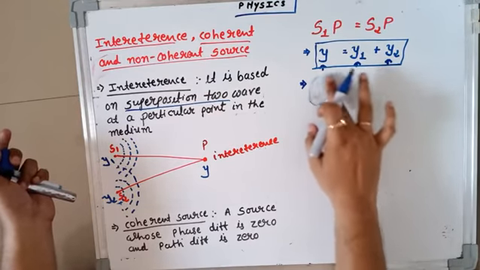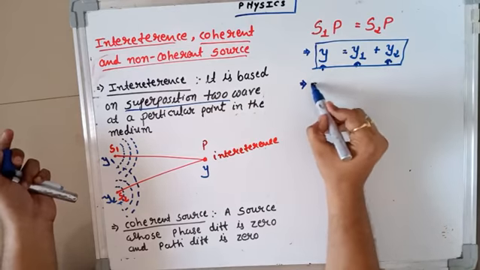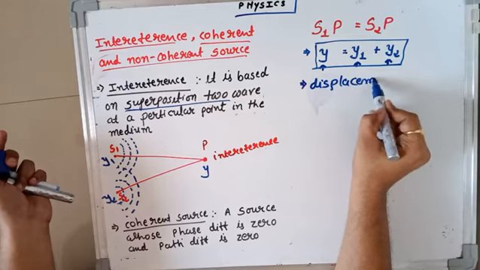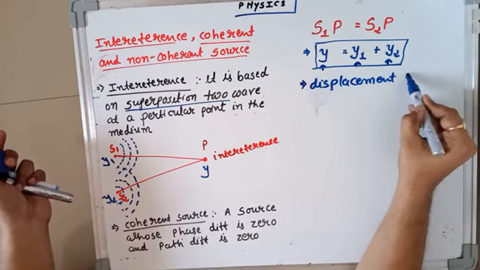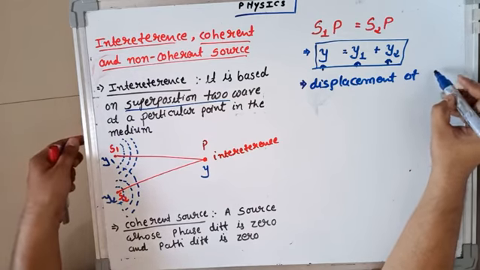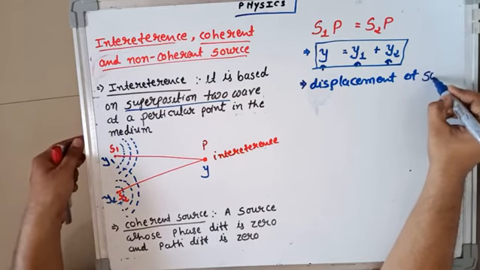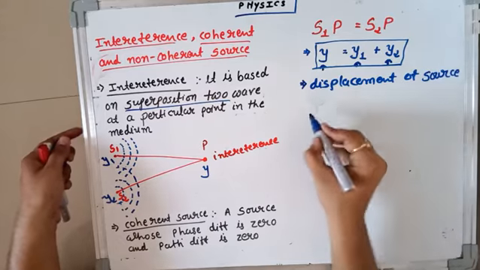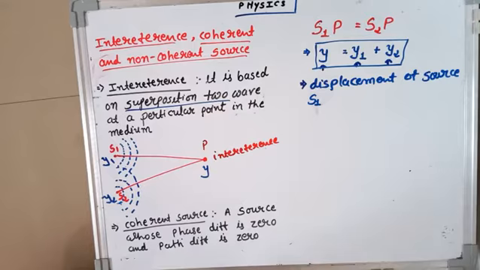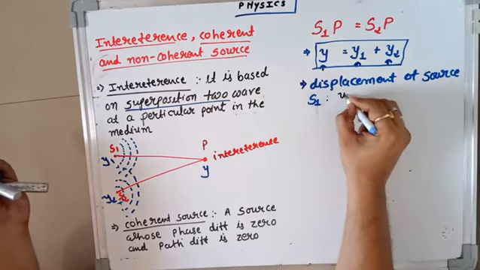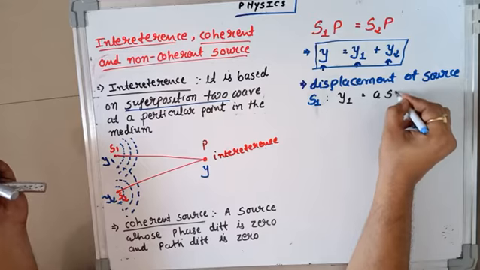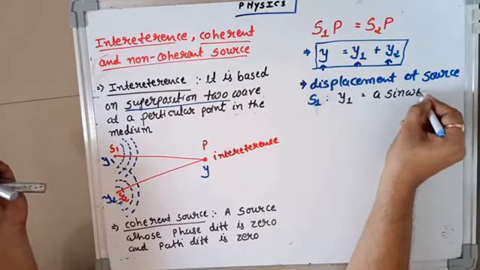The displacement of source S1 is y1 is equal to a sin omega t.